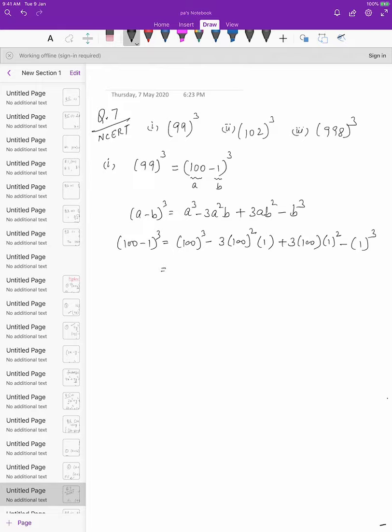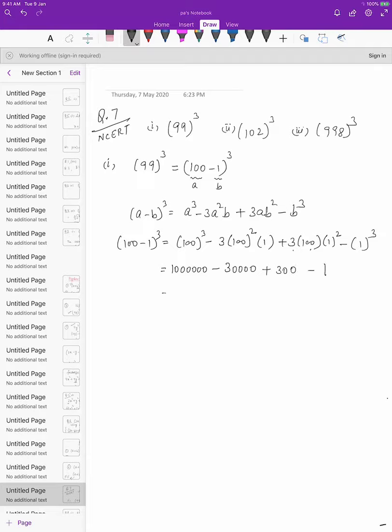Now let's simplify. 100 cube will be 1 followed by 6 zeros minus 3 into 100 square. 100 square will be 10,000. So 3 into 10,000 will be 30,000 plus, now 1 square will remain 1 only. 3 into 100 will give us 300 minus 1.